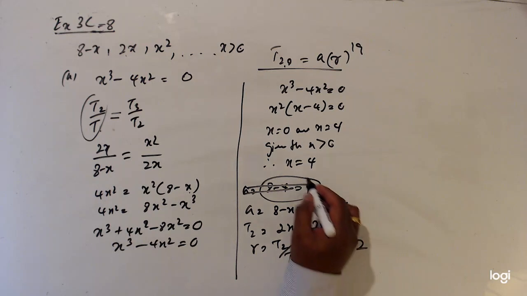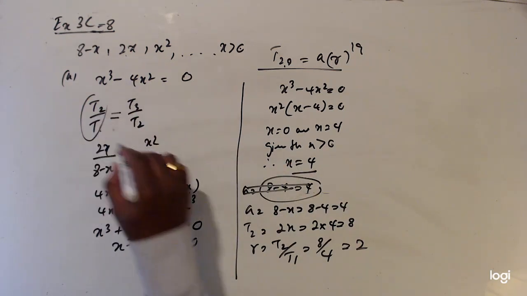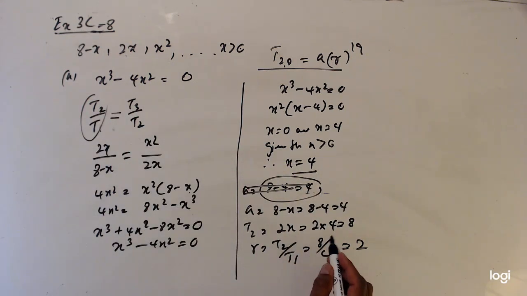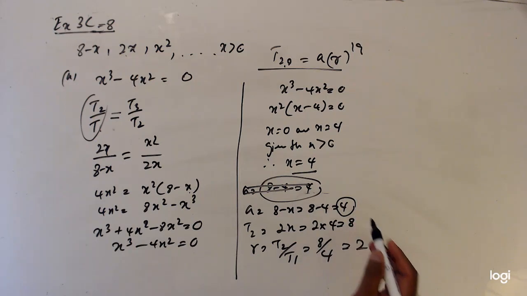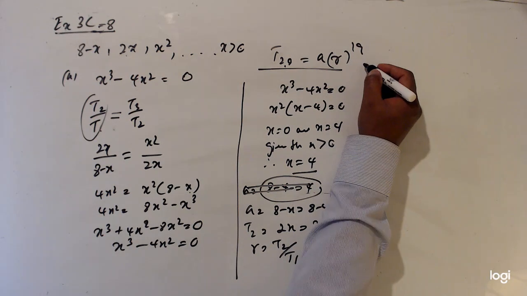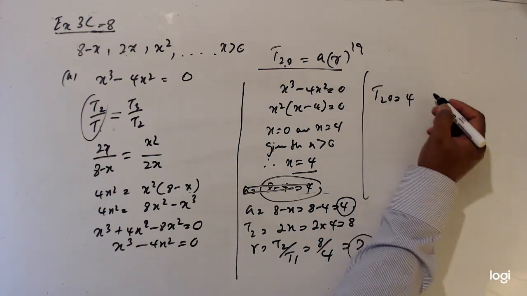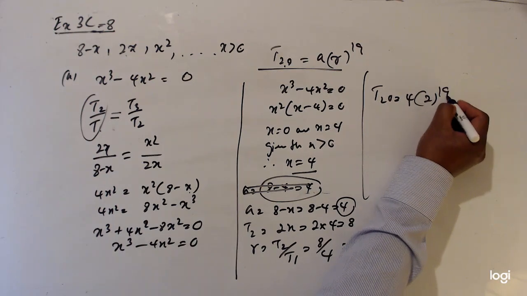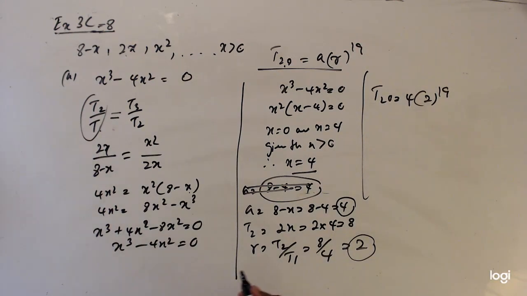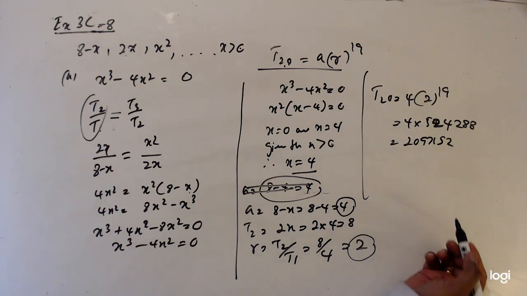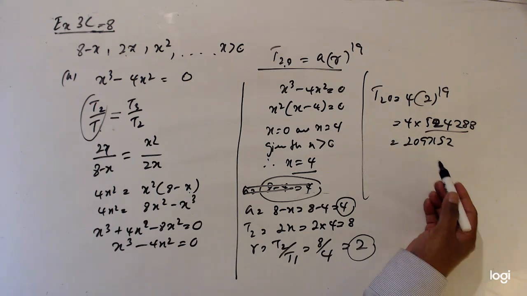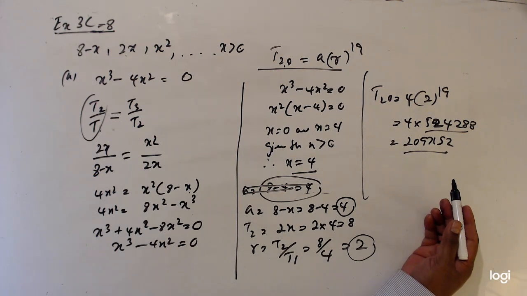So then the first term is 4 and the common ratio is 2. So the 20th term is 4 times 2 to the power 19. So this is the calculator answer: 2 to the power 19 is this one, and the final answer.